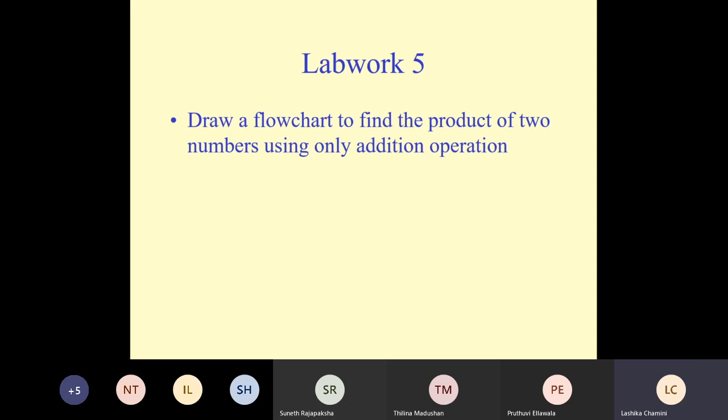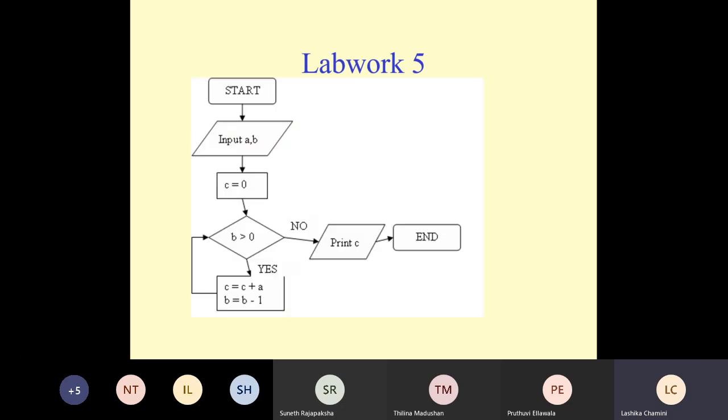To get the product of two numbers, you have to use only the addition operation. Think of it this way: if you need to multiply 2 by 3, you are adding 2, 3 times.